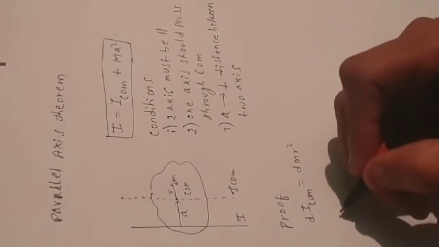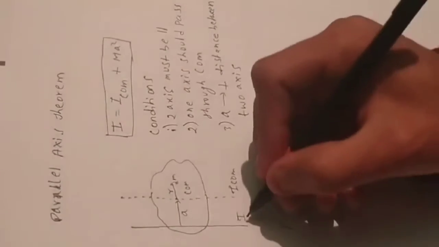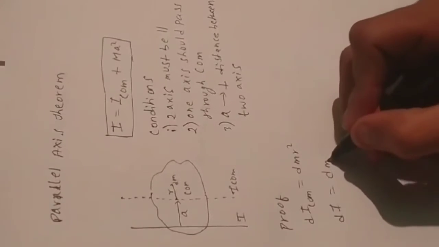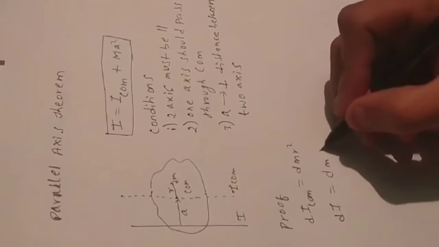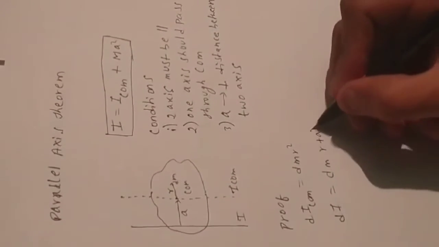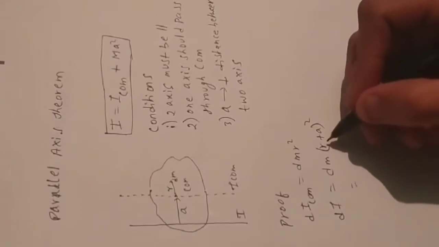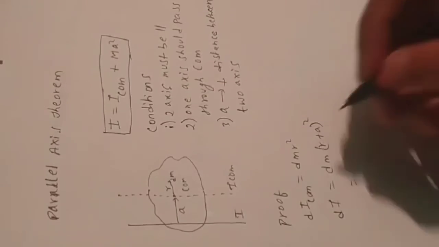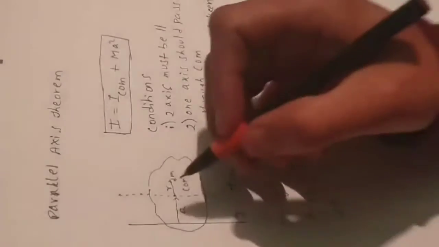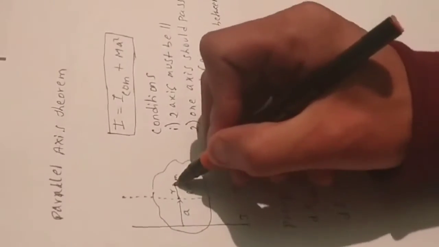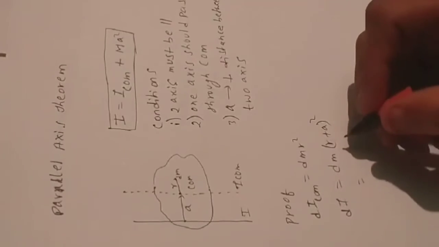So dI equals dm times r plus a whole square, because from this point to this point, the distance is a plus r.